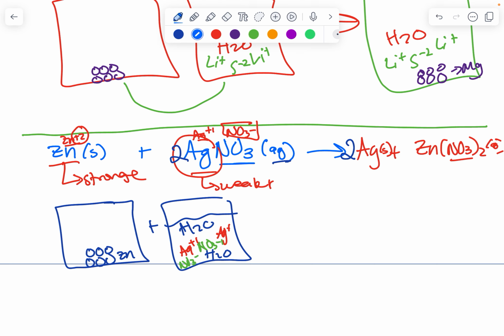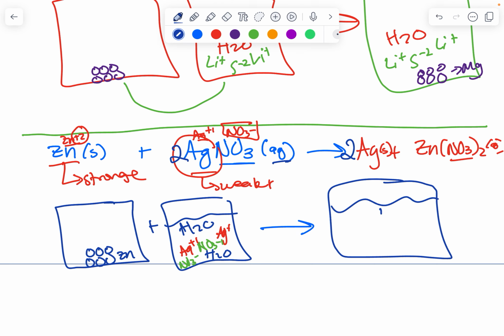All right, now we're going to make our product. So we're going to make 1 product beaker because they all end up getting combined. So I'm going to put my water here. All right, so this time, silver is our solid. So I'm going to draw the silver in the bottom. And this time, the zinc and the nitrate are going to be in the ion form.